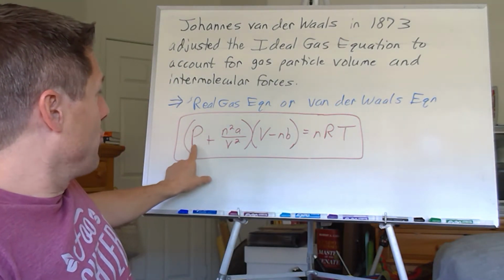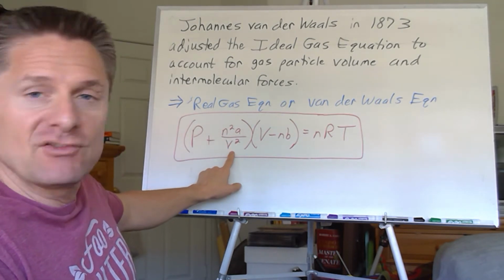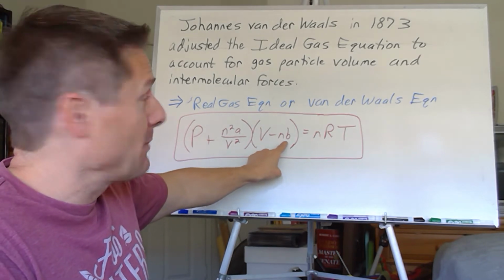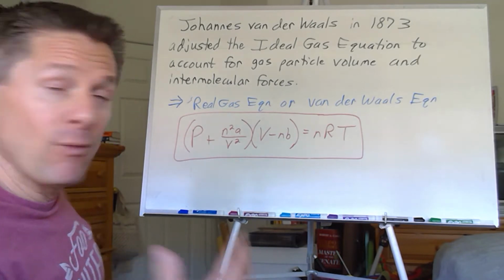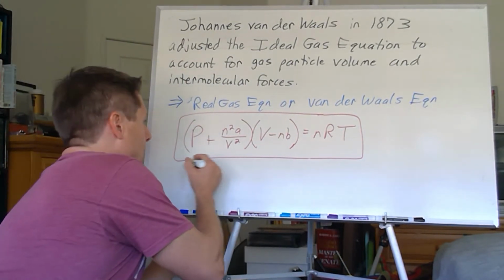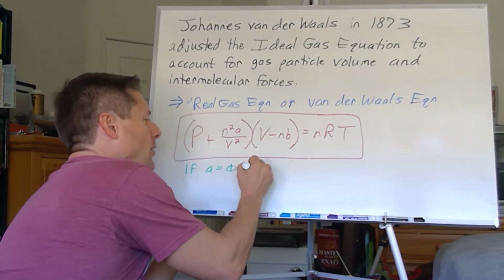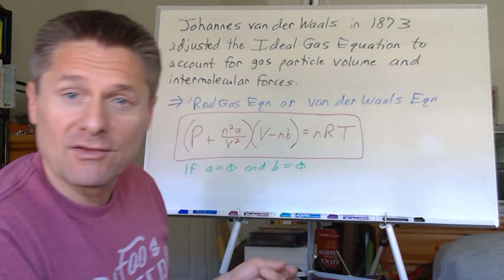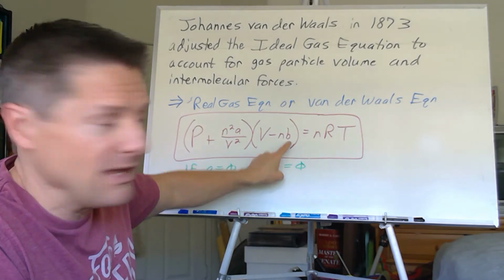So we get the pressure term with that correction factor, so P plus n squared a over V squared. And then the volume term with the volume correction, V minus nb, remember that nb correction, equals nRT. Now, if we assume ideal gas behavior, if a equals 0 and b equals 0, remember, assuming ideal gas behavior, you're assuming the gas particle volume is 0, so b would be 0.